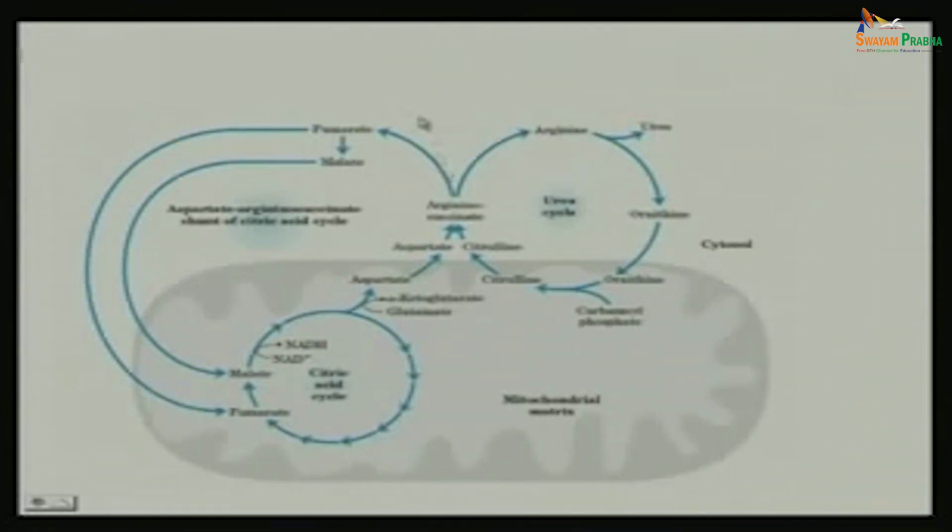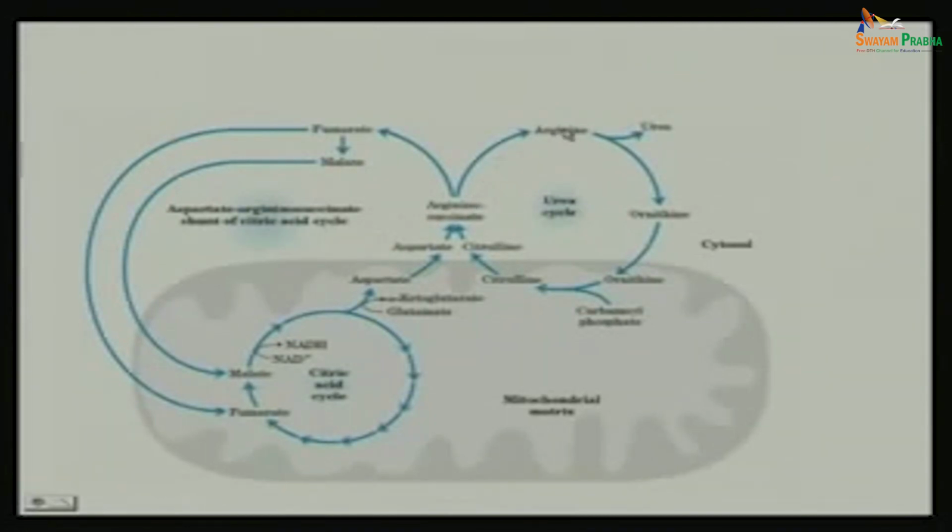This fumarate is entering the TCA cycle back in the mitochondria. Fumarate may get converted to malate and this malate can once again enter the TCA cycle. This particular reaction we can call the aspartate-arginosuccinate shunt for the citric acid cycle, which is a bypass reaction.